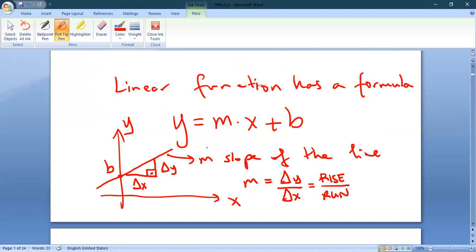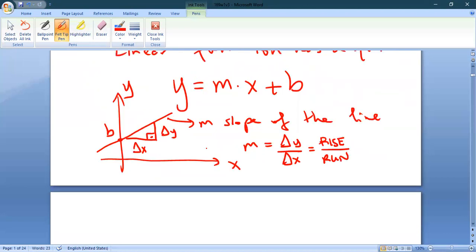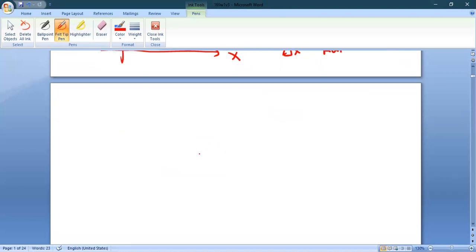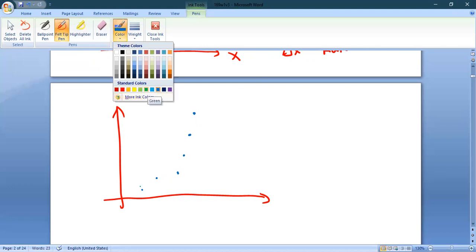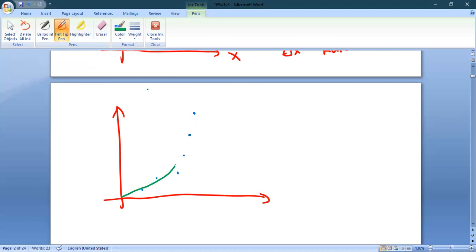So this is a very basic model. And another model is, well, most of the time, the quantities we have will have more complicated graphs. Like for instance, you can have some table, and then if you plot the points, you may have something like this. And then when you make an approximation for this, it may be some function like this.